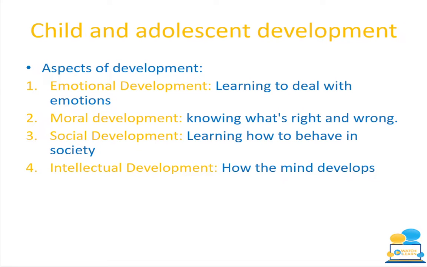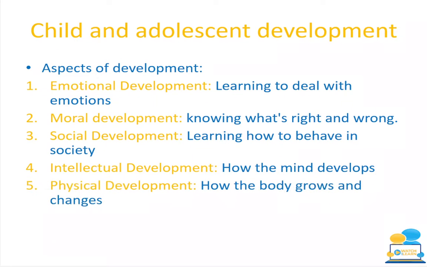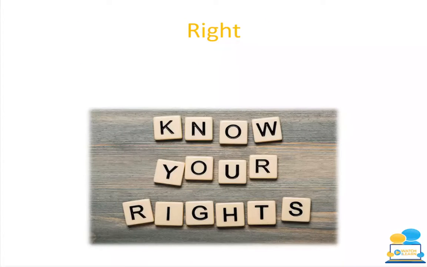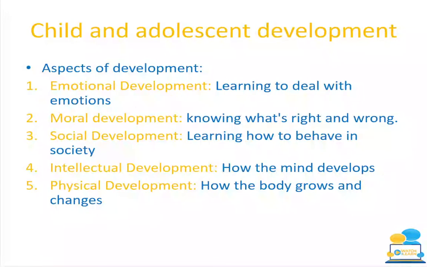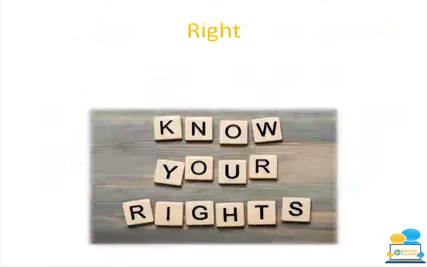The parents are the first place that teach you how to talk, how to count, how to read. They support the school, but they are the first people that teach you these things. Physical development. So they teach about how your body grows and changes, especially during puberty when there are big changes in the body. So they are the 5 aspects of development for children and adolescent also means the word teenager.